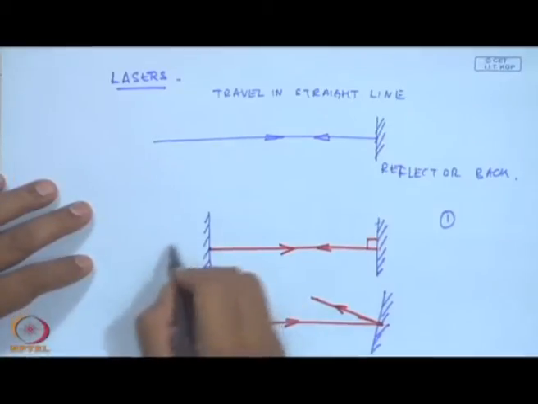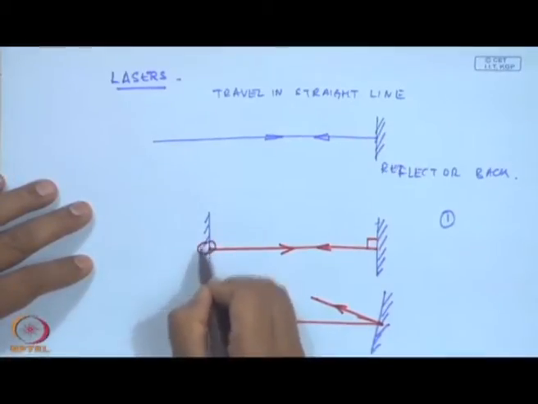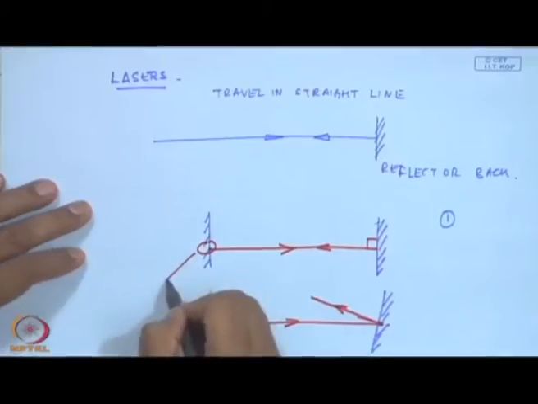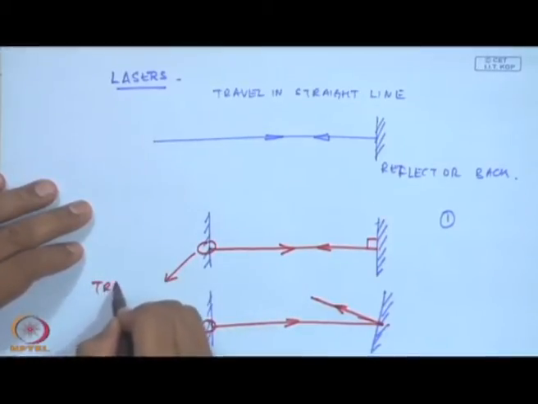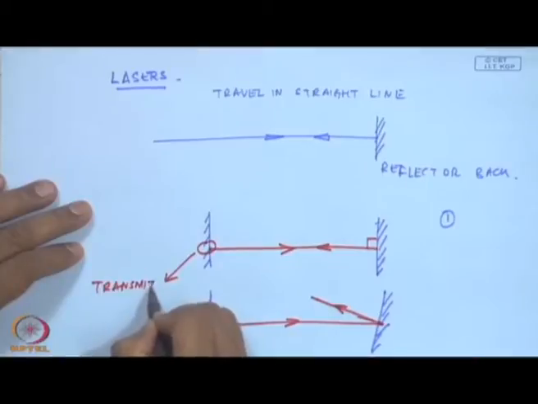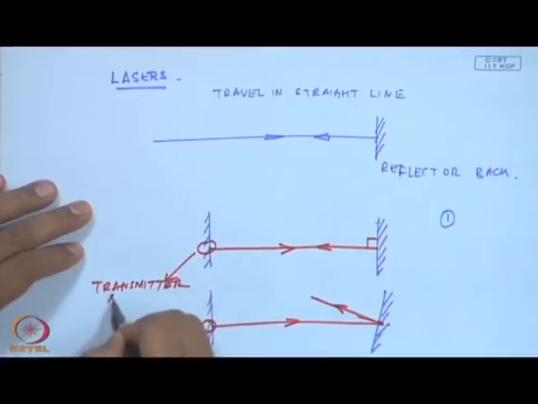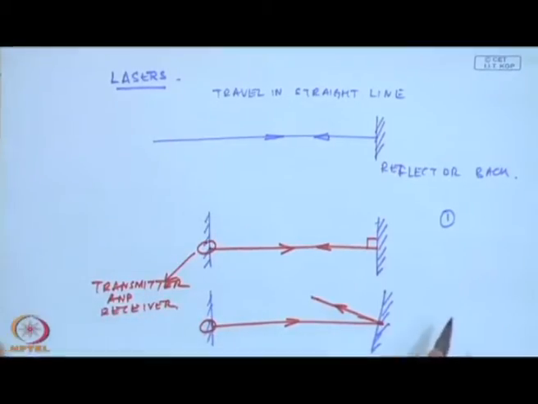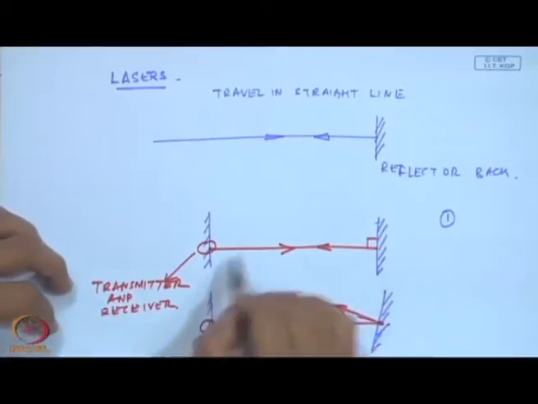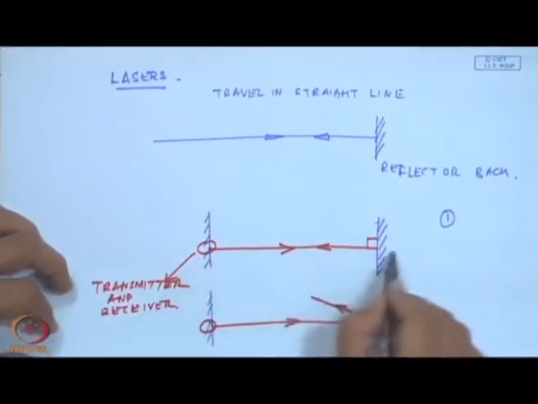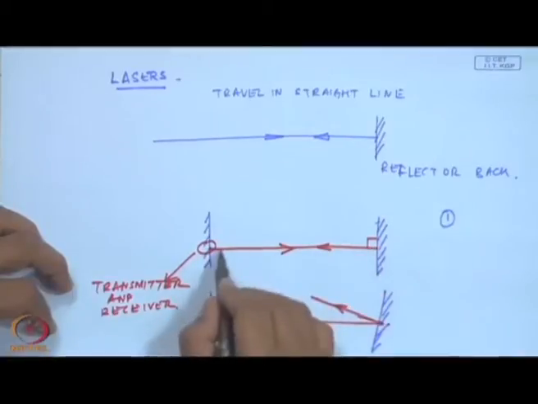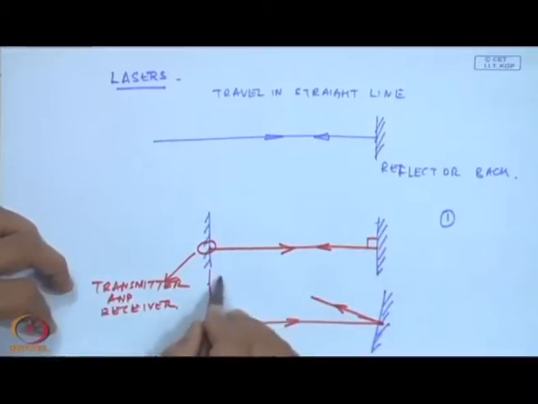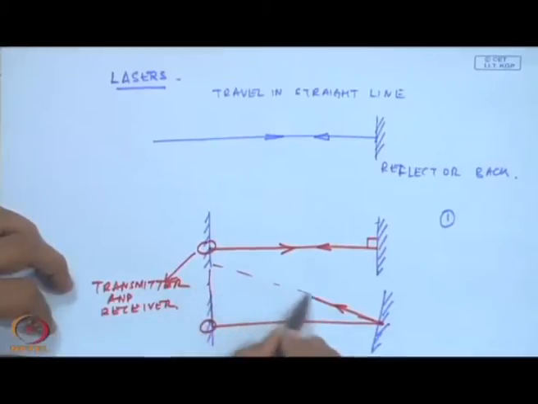So, if this is my laser transmitter and receiver here, I should see a single dot, going in and coming in. Another way, if I put a mirror here, and I have exaggerated it, I will be getting 2 points.